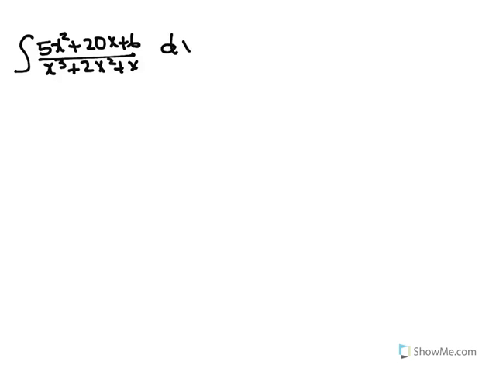So we are now integrating an expression or a function where the degree of the numerator is less than the degree of the denominator. So I cannot do long division. What I'm going to have to do is represent this using partial fractions.